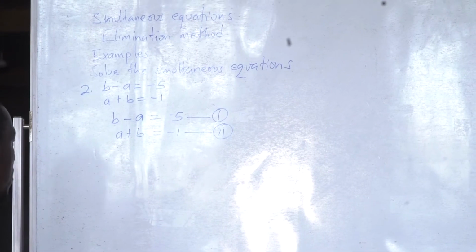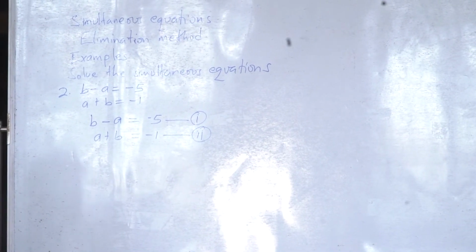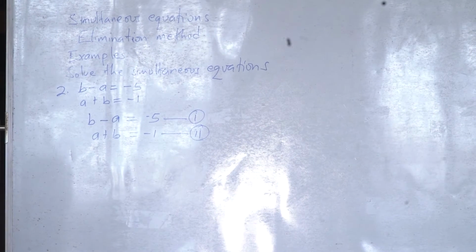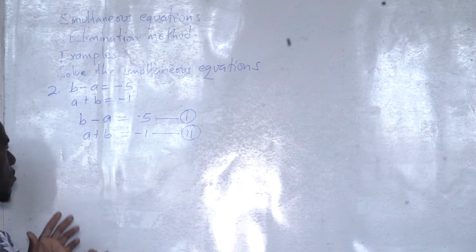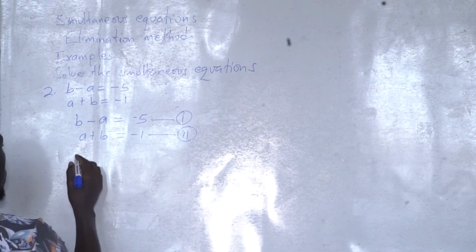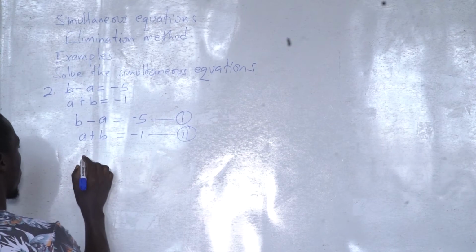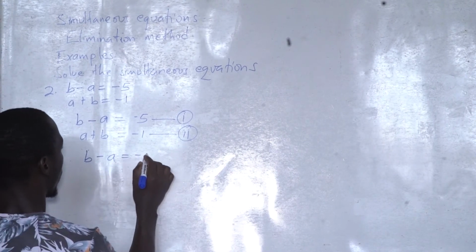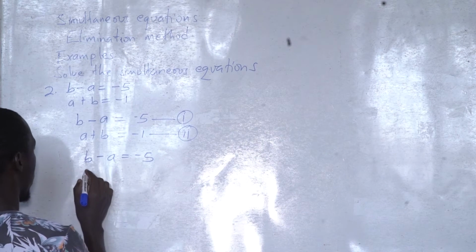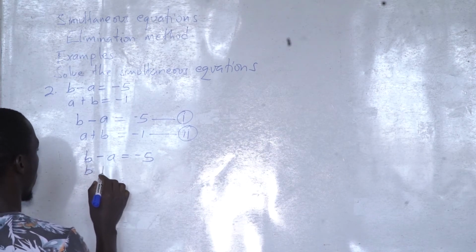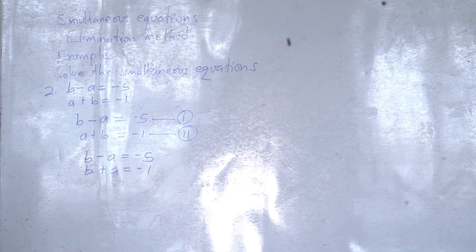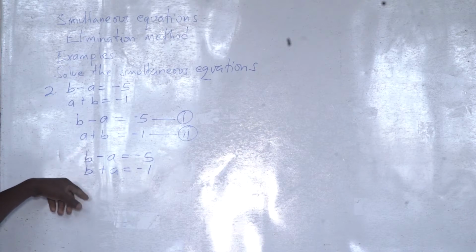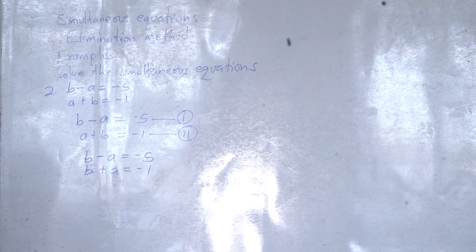Step 2, identify the unknown that you would wish to eliminate. For example, I would wish to eliminate a, but I can first rearrange equation 2 like that so that the b is directly over the b in equation 1, and then the a like that.